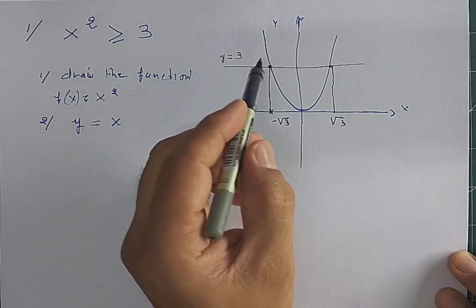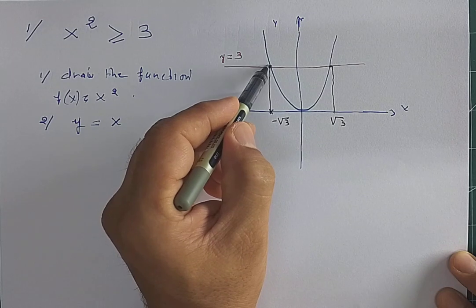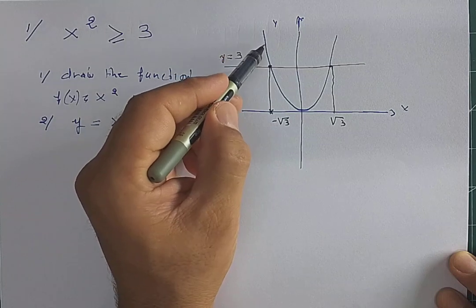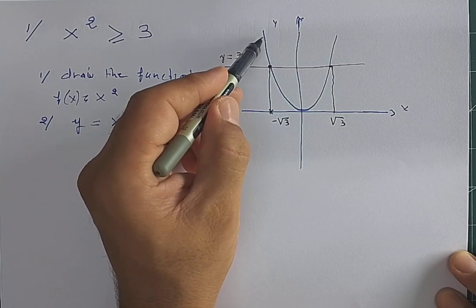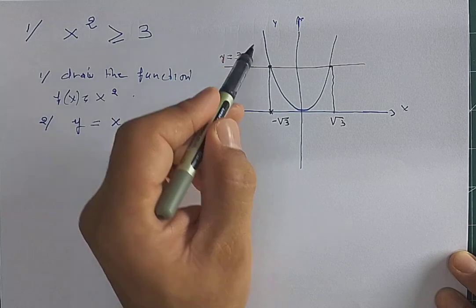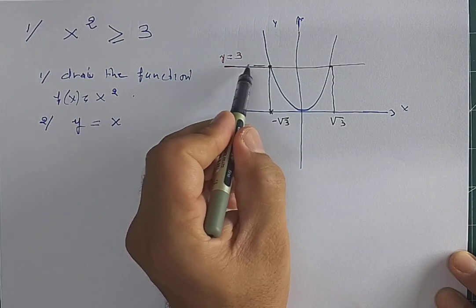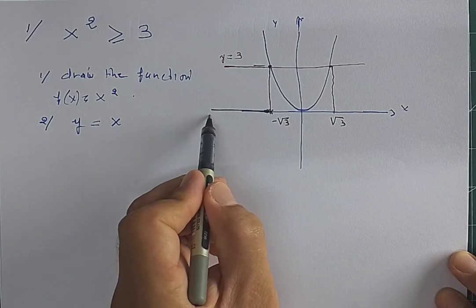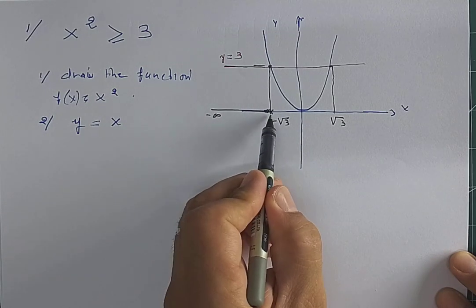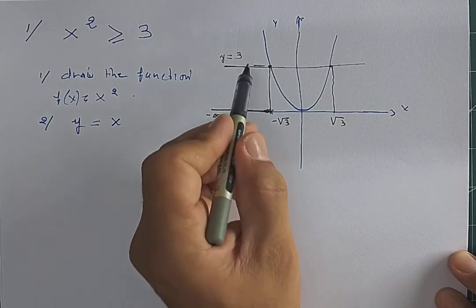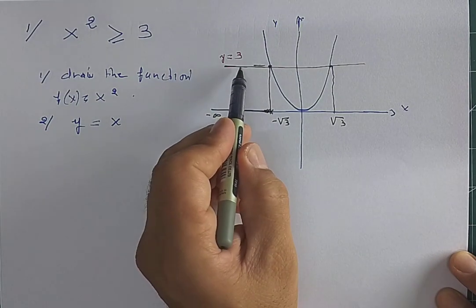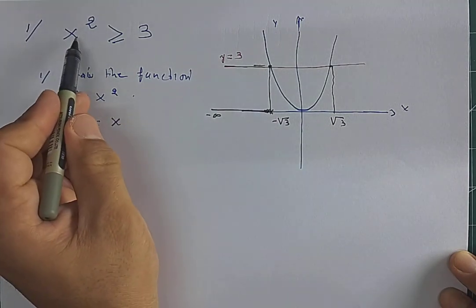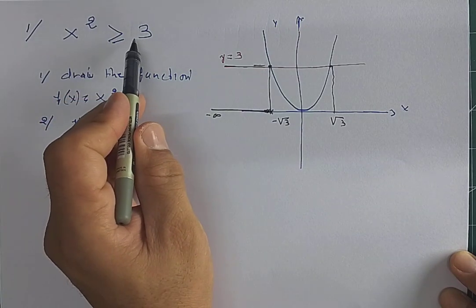So in this step, we have this part of x squared in this position. So here this part. What I need to know is, from minus infinity to minus root square of 3, this part, when we put the x from here in this inequality, it will be more than 3.